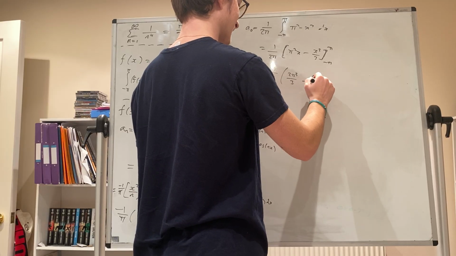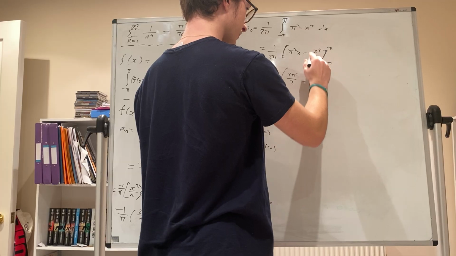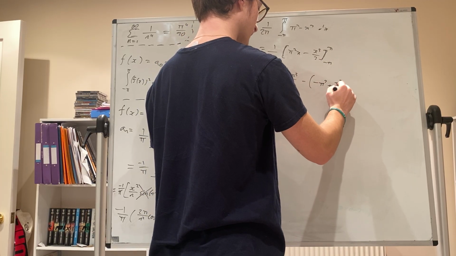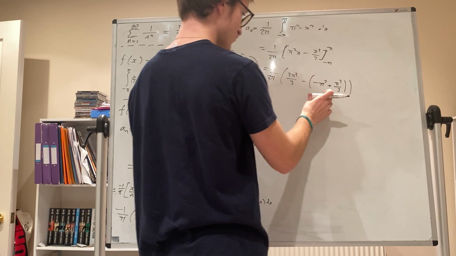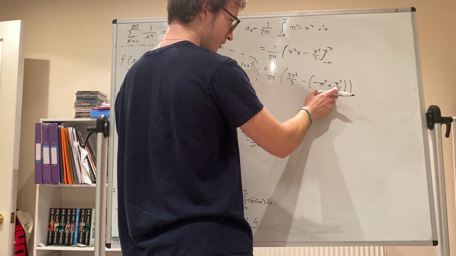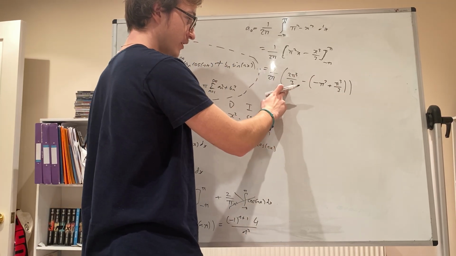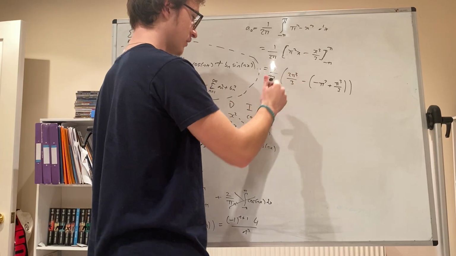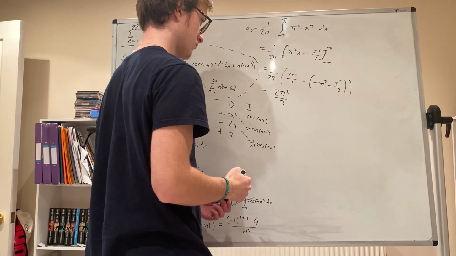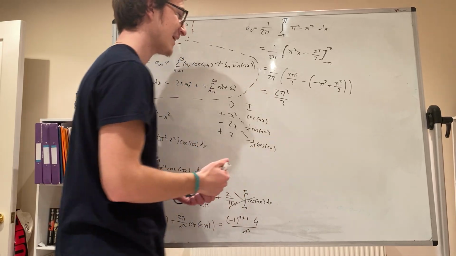Minus, okay, and then brackets, minus pi cubed, minus is a plus, so plus pi cubed over 3. This is just minus 2 pi cubed over 3. Minus is plus, so we get 4 pi cubed over 3. Cancel the 2 with the 4, you get, okay, this is equal to 2 pi squared over 3. I believe. Yeah, okay, that seems good.